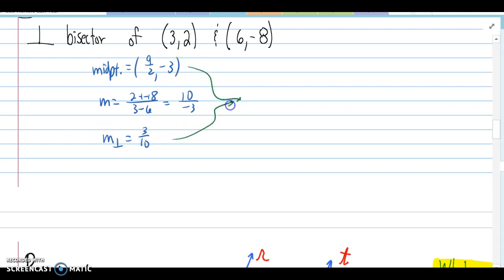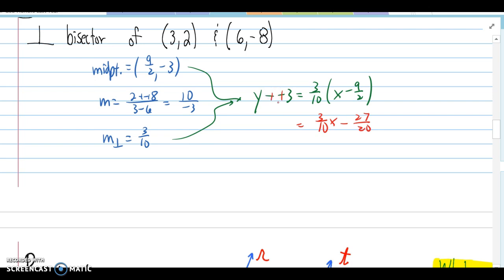Bring together the two things that are significant here. Y minus negative 3 equals that slope of 3/10 times x minus 9/2. Right side will distribute, that's 3/10 x. 3 over 10 times negative 9 over 2, that would give us negative 27 over 20.